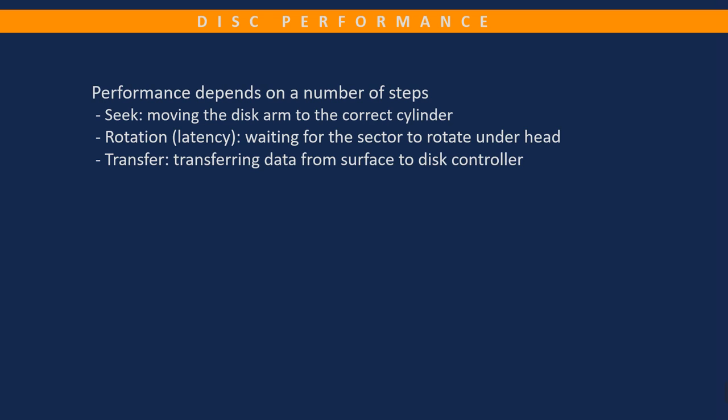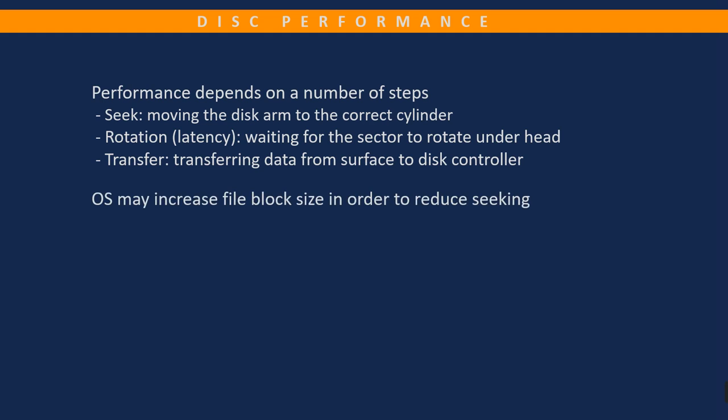Then you have the rotation, also the latency, which is a waiting time for the sector to rotate under the head. Then you have the transfer, transferring data from the surface to the controller. So the first two are mechanical in nature, and the third one is electrical.